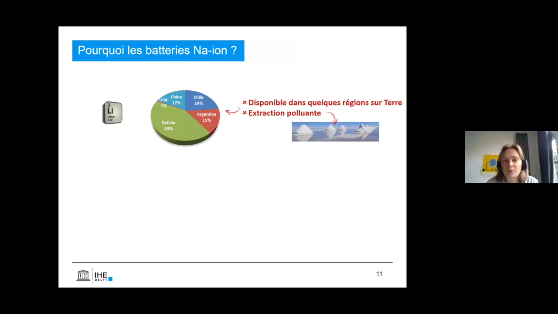These batteries are very effective, but there's a problem with lithium. It's only available in a few regions of the earth, and when it's extracted, it is highly polluting. So we need to find alternatives, and one alternative could be the sodium-ion battery.